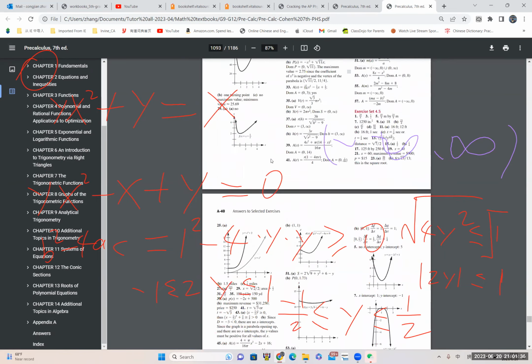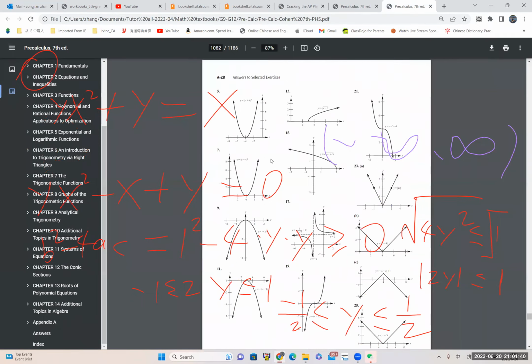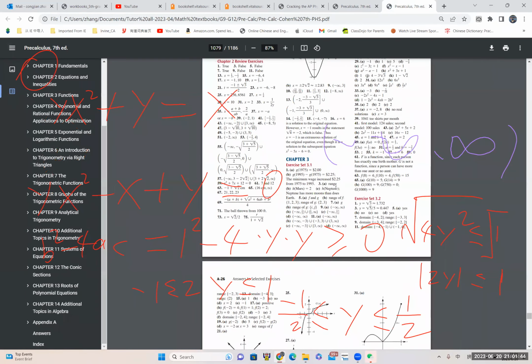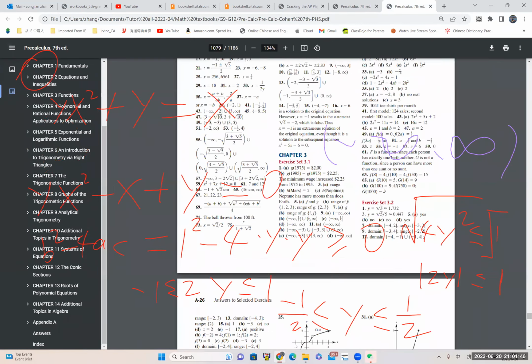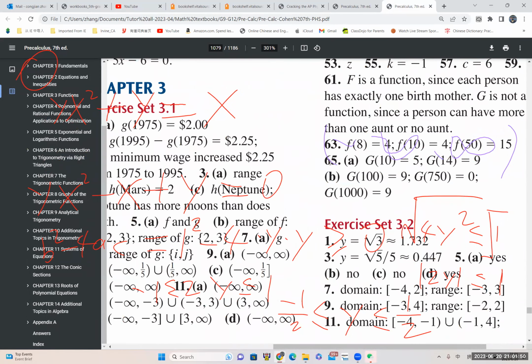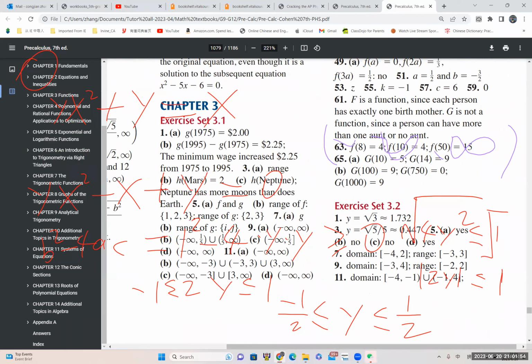Where are we? Yeah, 3 point. No answer, right? But there is an answer for problem 65. Yeah, you say all the problems. But it looks like for the chapter test, they have answers for each problem, right?